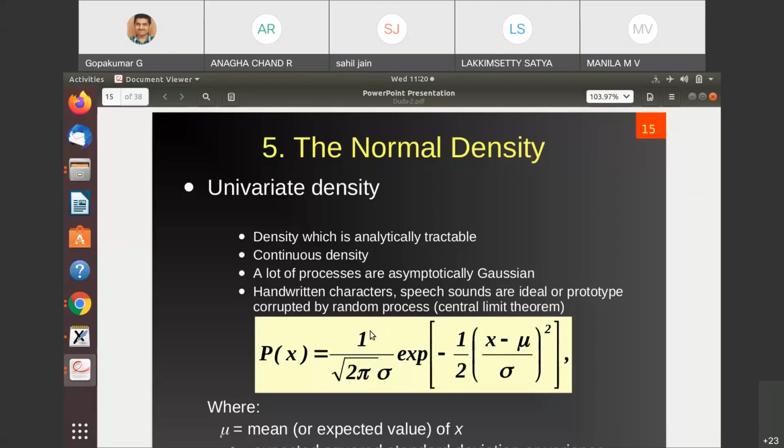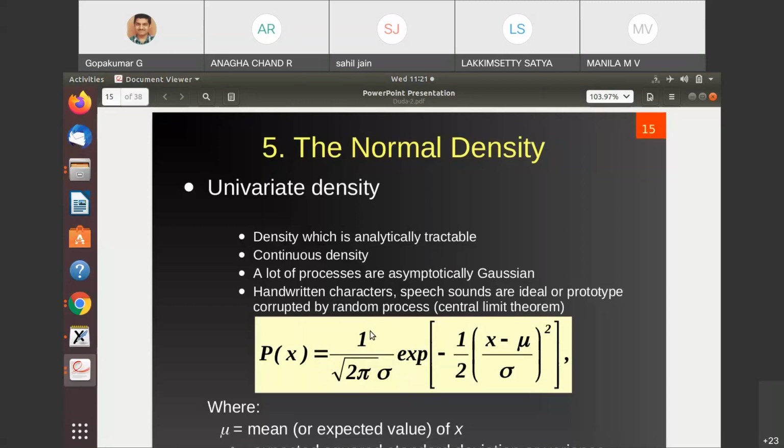So we can say that the continuous variables that we will be using in our pattern recognition can be better approximated by a normal density. But if you specifically know that a particular feature is well represented by some other distribution, then the analysis we go through can easily be extended to that distribution also.